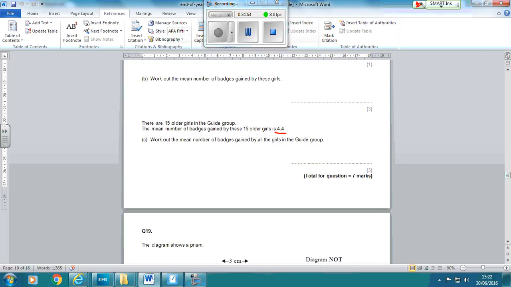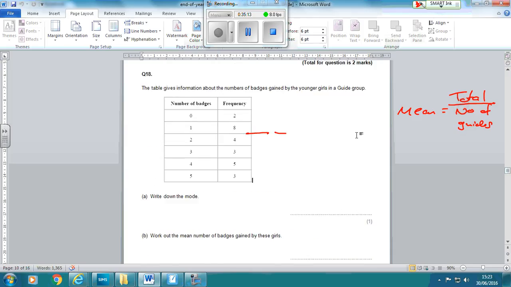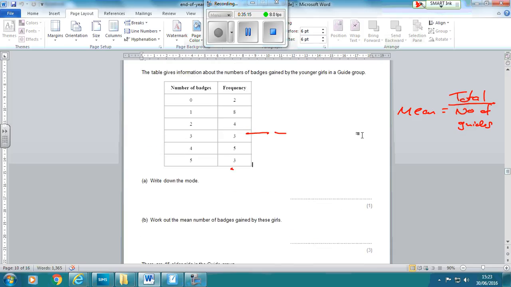Now, the way we work out the mean is we do the absolute total divided by the number of, in this case, guides. So there are 15 older girls, and beforehand, when we added up the frequency, there was 25.